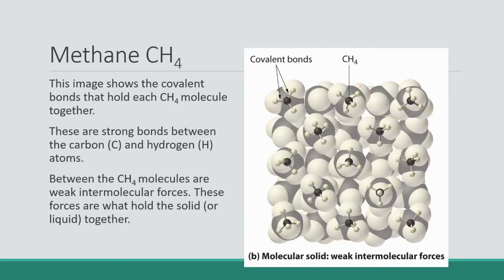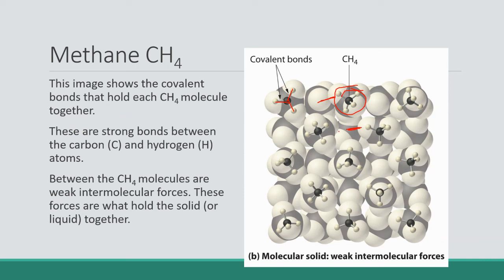This is a picture of methane. This ball and stick model is showing methane, 1 carbon to 4 hydrogens. You can see in this one there are 4 hydrogens, and in this one the other hydrogen is hiding behind. What's holding methane together is weak intermolecular forces between the molecules, while the covalent bonds hold the molecule together.